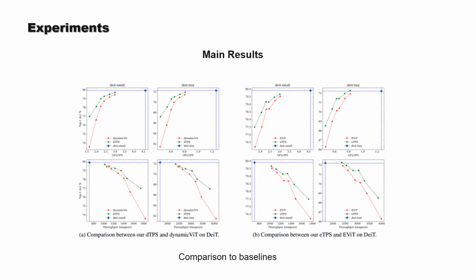Okay, the method part is over, and we'd like to show our experiment results in the following part. We compare our two variants with two baselines, respectively, and we surpass them under all pruning settings, especially by a larger margin along with more aggressive compression of pruned tokens.